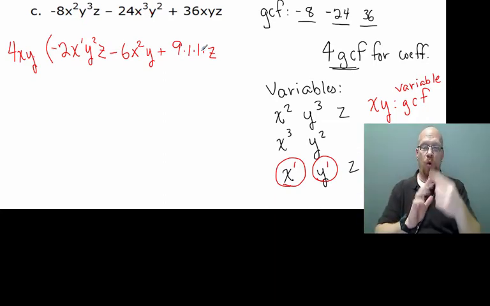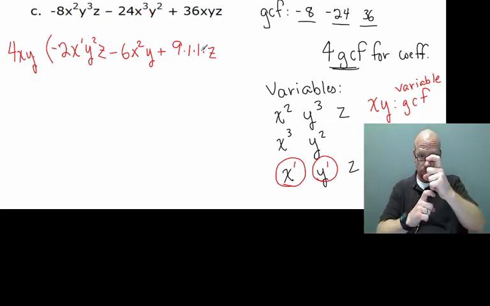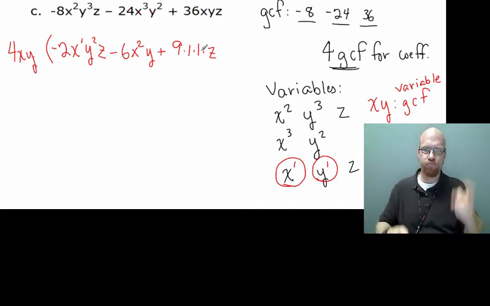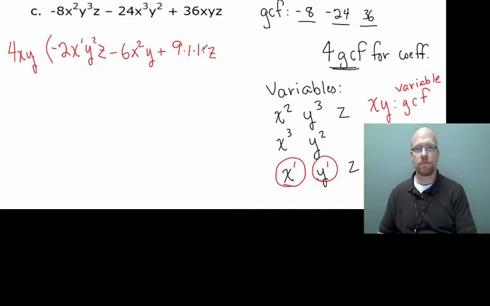Now, the last term I have 9 times 1 times 1 times z. I'm showing you that x divided by x is 1 and y divided by y is 1. So they essentially drop out. What we have left is a z variable.